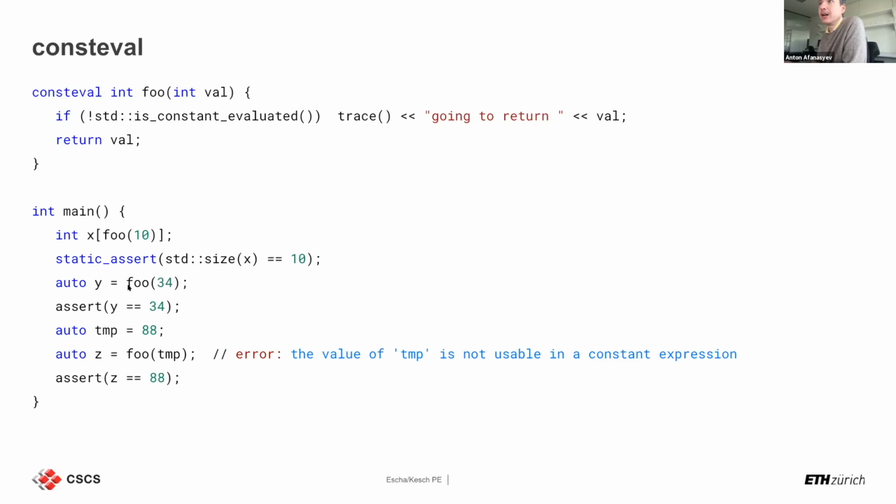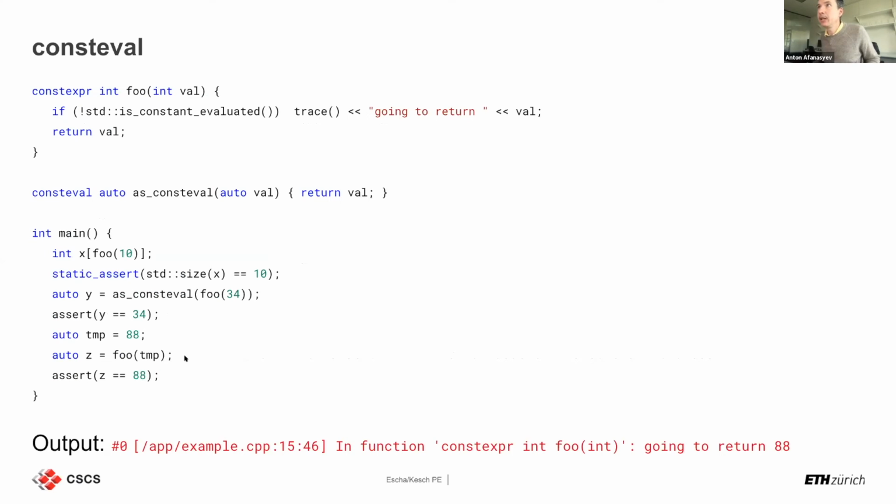We want our function foo to be such that it works in constant evaluation if it has literals as parameters, so it's also evaluated to a constant, and it can work in that way. Can we do that? Apparently we can, with some trick.